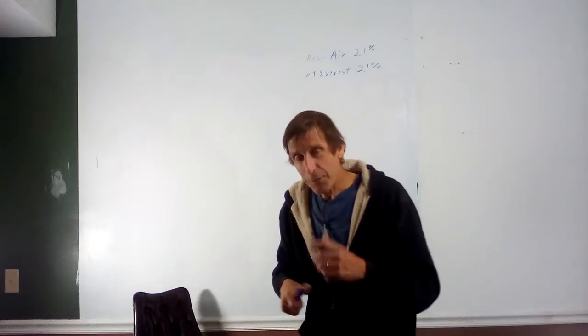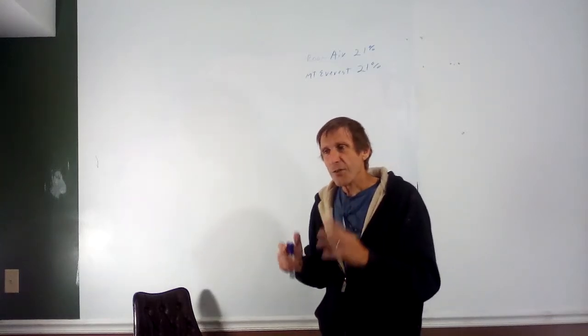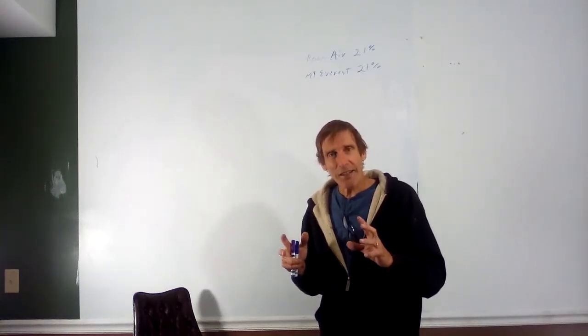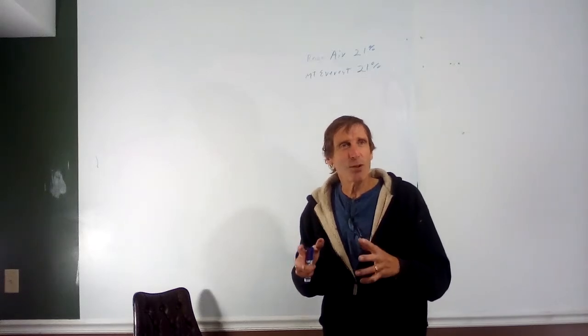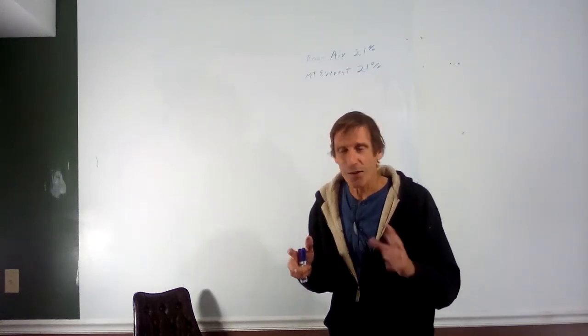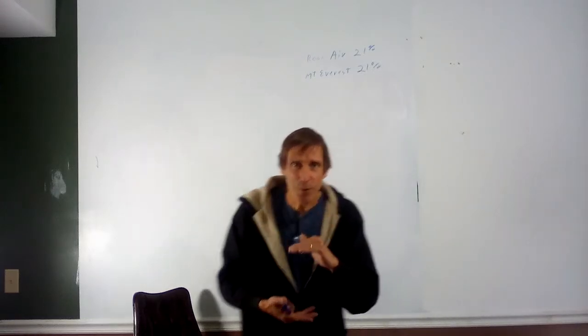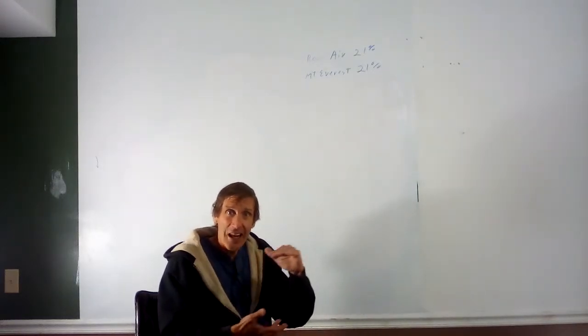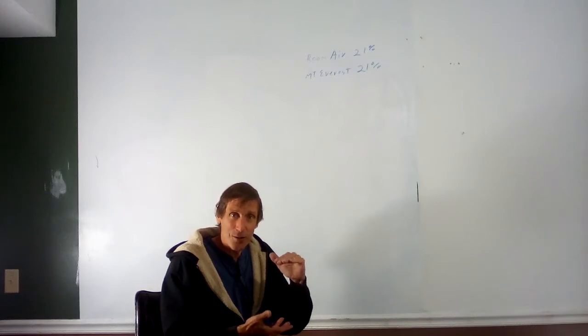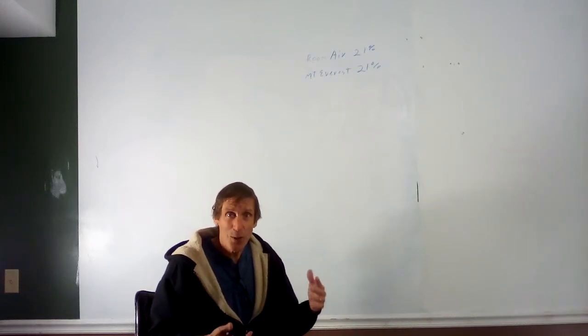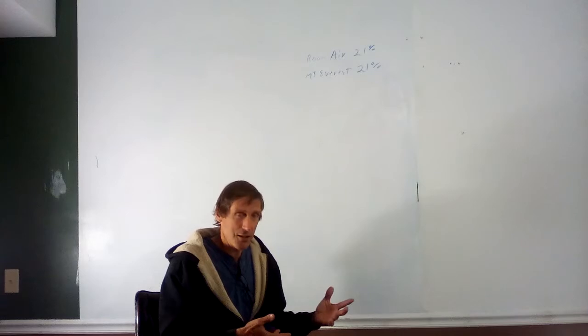Why do we die? Well, the reason for that is concentrations of gases, you can't treat them the same as you do solids and liquids and solutions. For example, if I told you I had a 1 liter jar of a 5% sodium chloride solution, and then I had another 1 liter jar with 10% sodium chloride solution, and I asked you which one has more sodium chloride, you'd say the 10%.